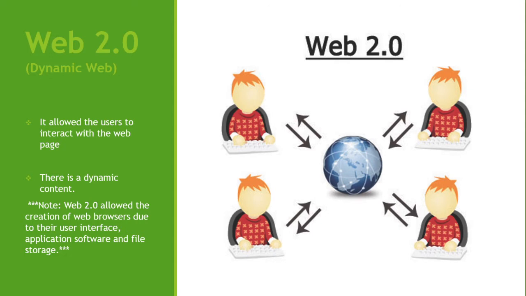So that is Web 2.0 po. As you can see dito, meron na siyang interaction. And in this one, dito na po nagkaroon ng mga different social media sites such as Facebook, Instagram, Twitter, YouTube, and so on. So nagkaroon na po ng interaction compared to Web 1.0.